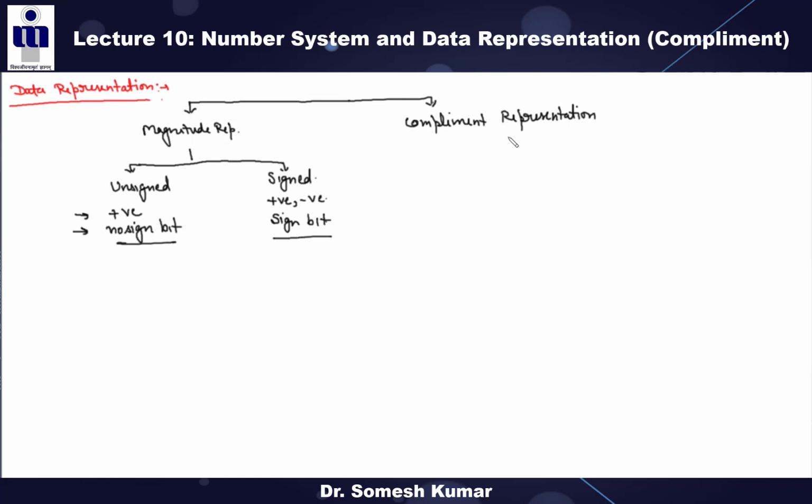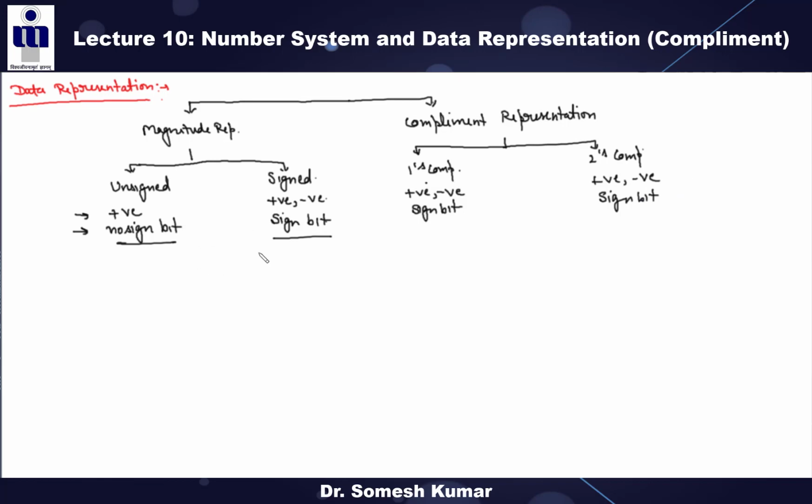While in the complement representation, we represent numbers in 1's complement and 2's complement. In both, we can represent positive as well as negative numbers. There is a sign bit in 2's complement also. We'll discuss all these things in detail.